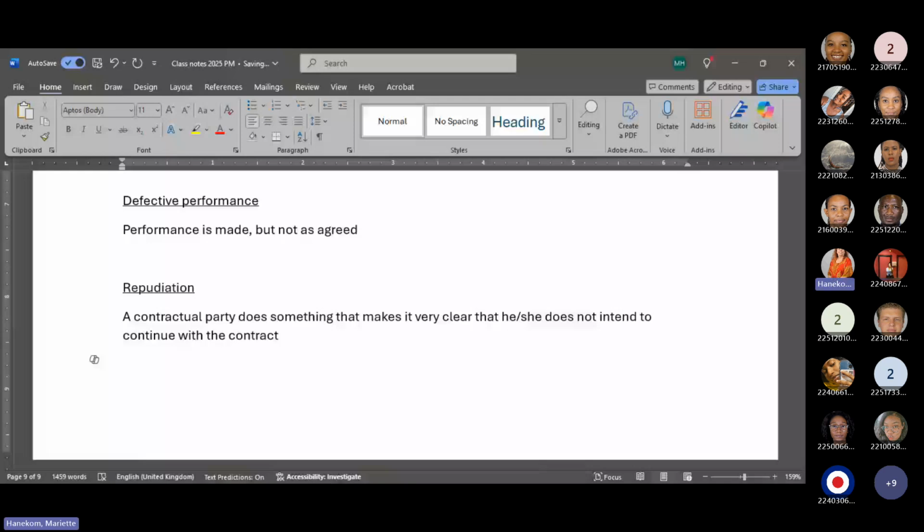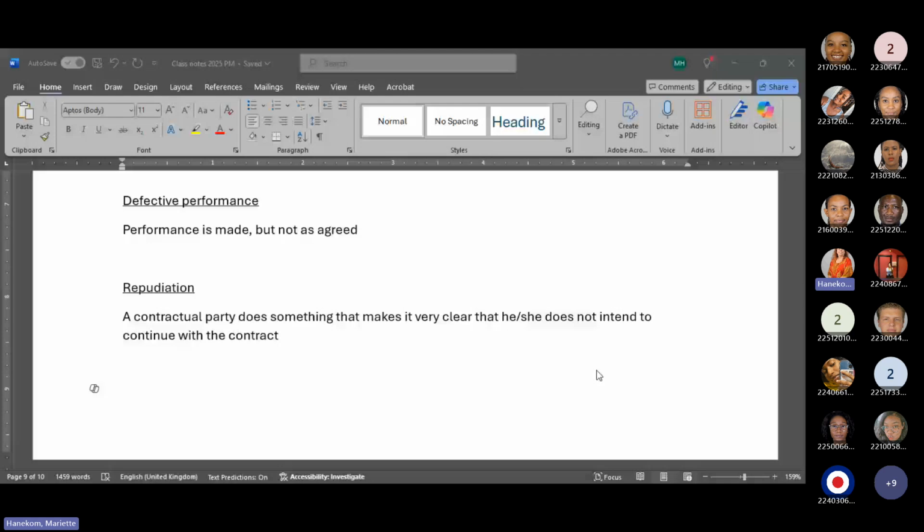So an example of this would be, let's say we're still busy with Evelina and Daniel and the cell phone. Evelina has bought the cell phone, for delivery on Friday. And on Thursday, Evelina finds out that Daniel has given the cell phone to Mitchell as a gift. His actions make it very clear he has no intention of continuing with the contract, delivering it to Evelina, because he's given it to Mitchell.